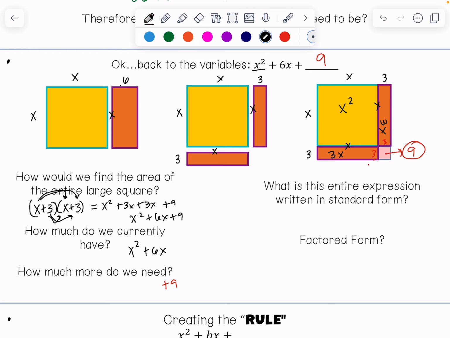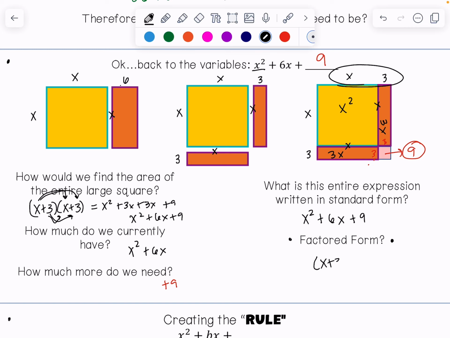So the last little bit, this is how we do it, but it's to talk about, can we go between the two forms? I now know in order for this to be a square, it needs to be x squared plus 6x plus 9. But often when we're solving, we're going to want this in our factored form, which is really what was squared is what we're asking here. Well, that just represents your side length.